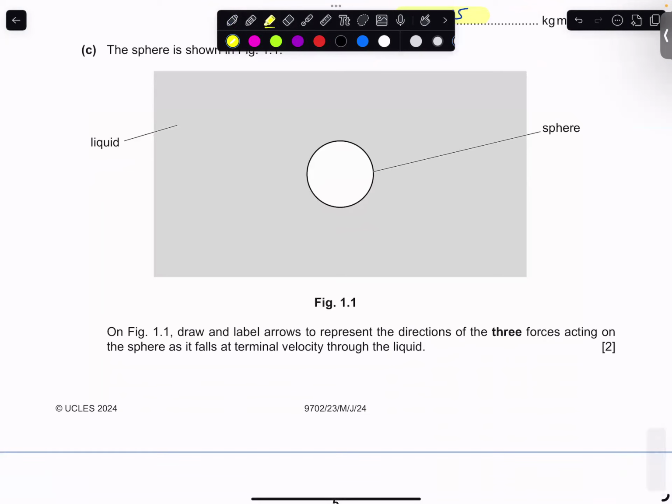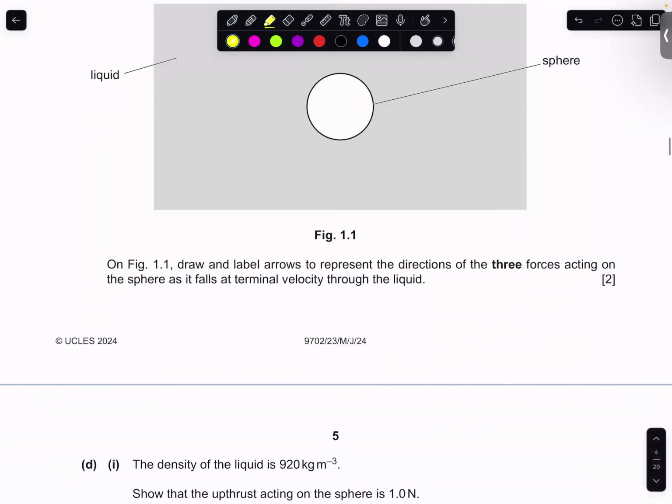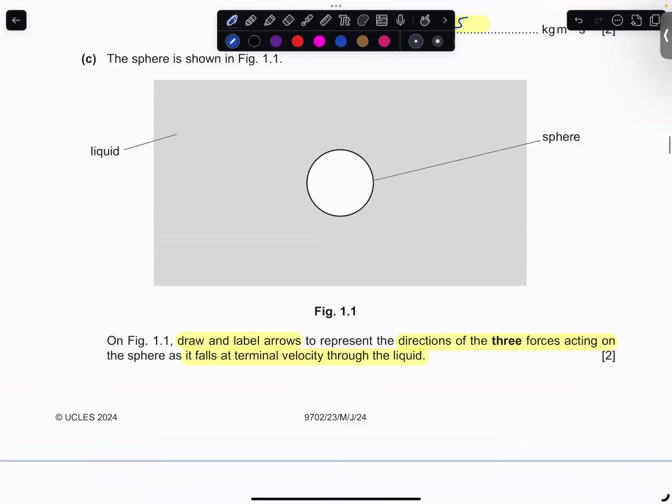The C part of this question says that the sphere is shown in figure 1.1. On figure 1.1, draw and label arrows to represent the direction of the three forces acting on the sphere as it falls with the terminal velocity. We know well, when any object is falling down in water or a liquid, a drag always acts opposite.